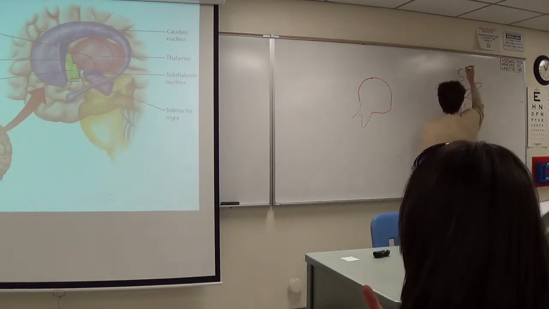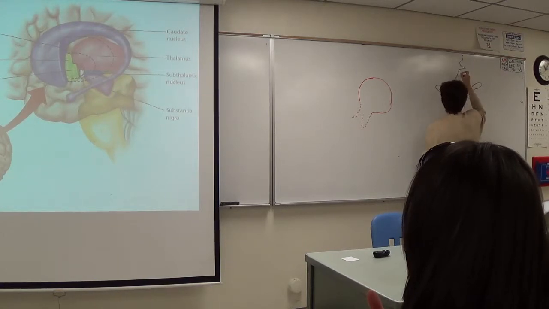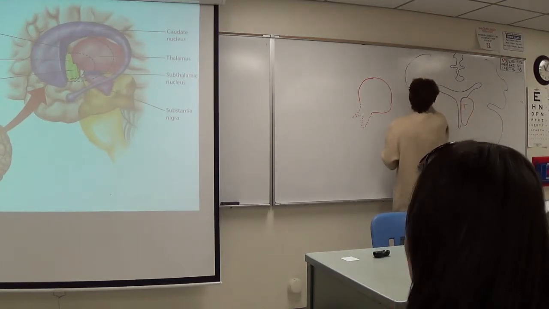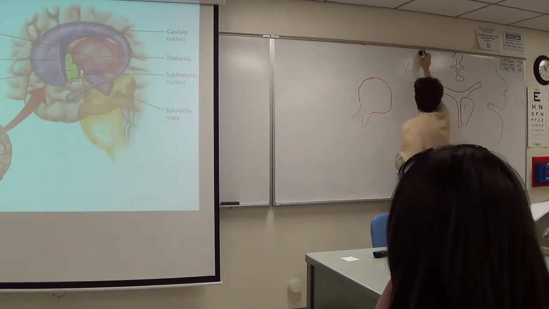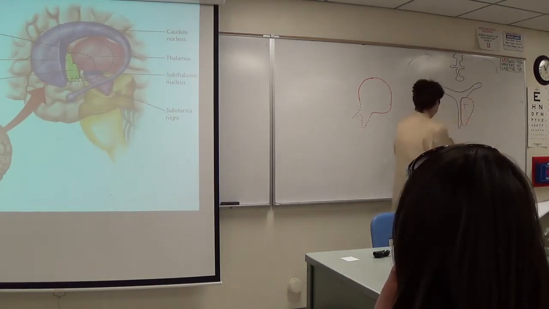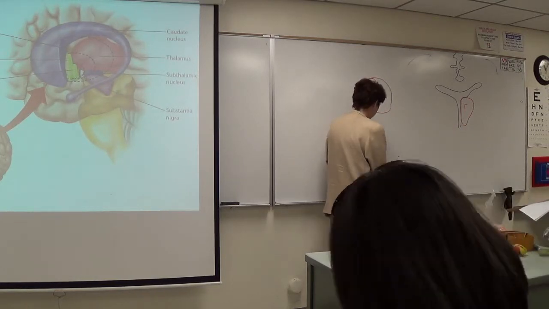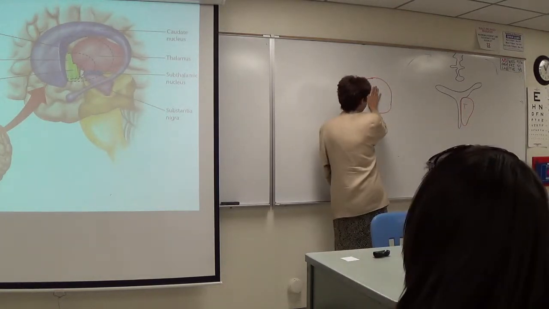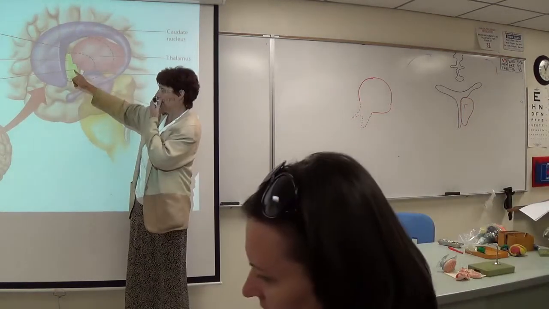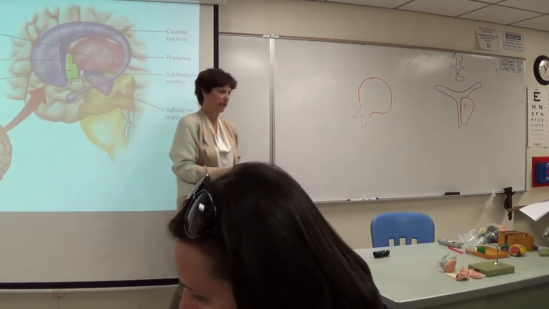So our longitudinal fissure coming around like this. Our lateral sulcus. I don't want to bring it quite that far. All right. So now between the thalamus and our caudate nucleus, we have the globus pallidus.